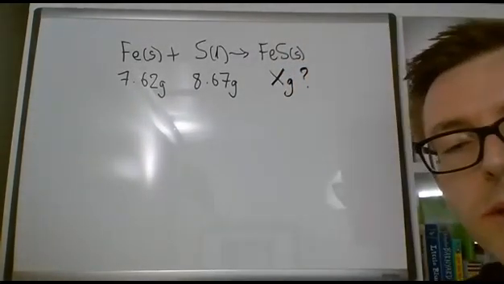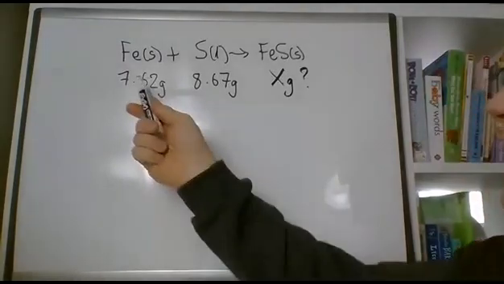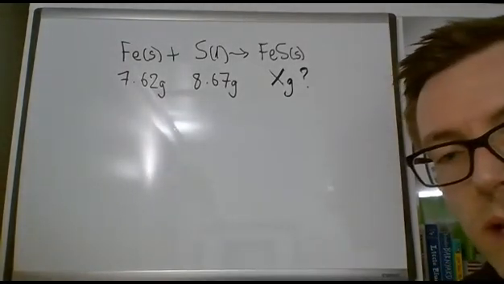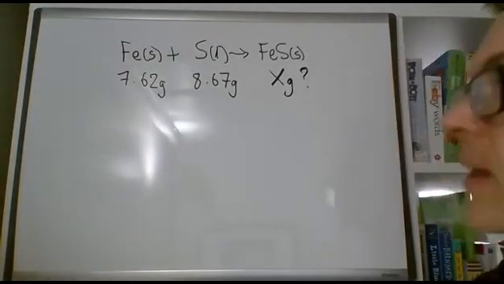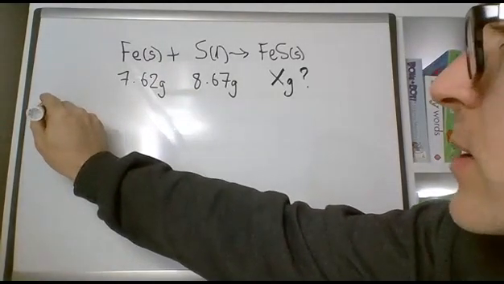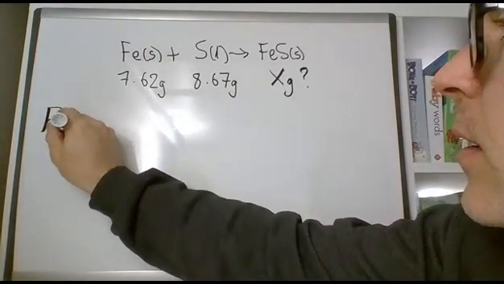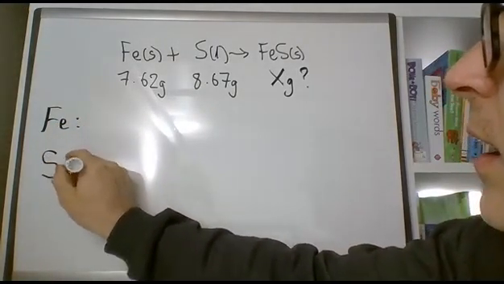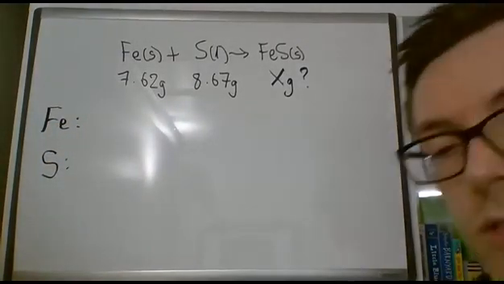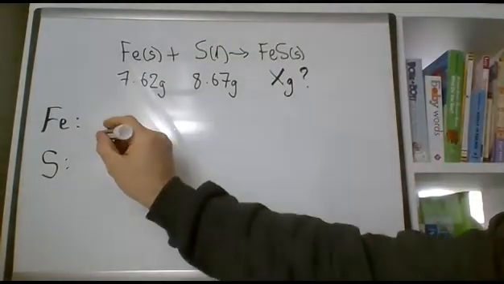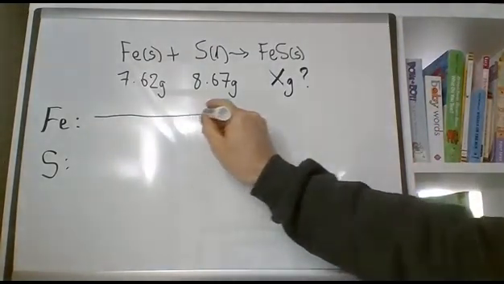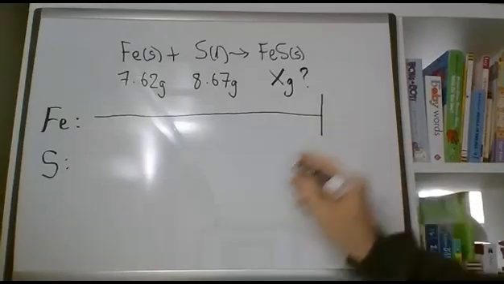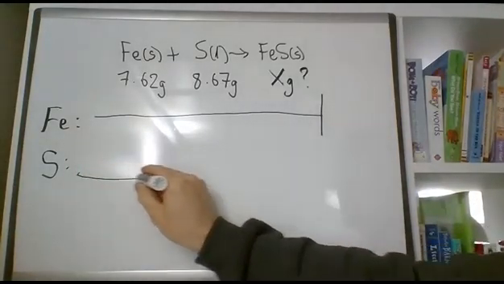So we know this is a limiting reactant type problem because we have two knowns and it's not clear which one to use. So we are going to try and use both. We'll do an analysis with the iron, and then we'll do an analysis with the sulfur.